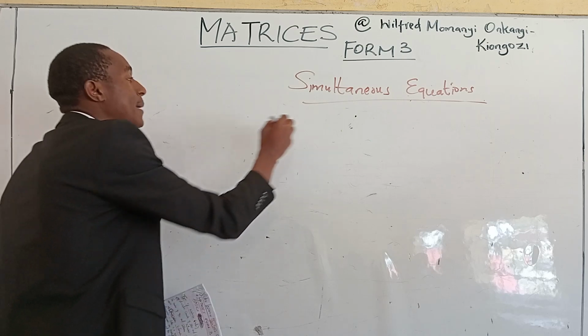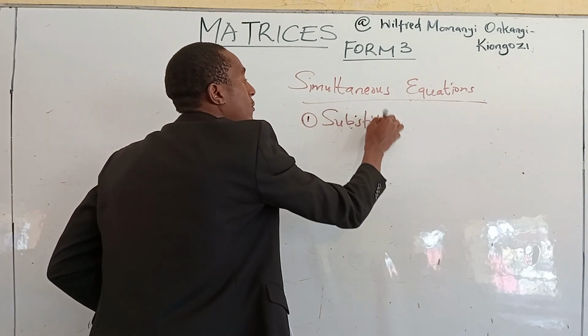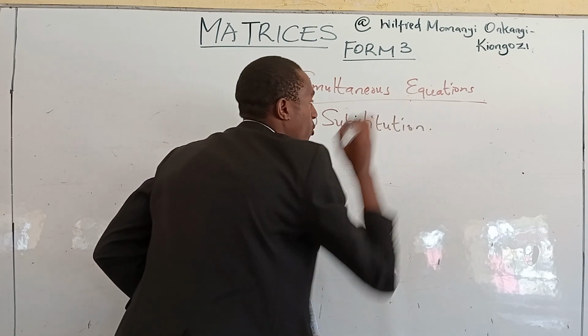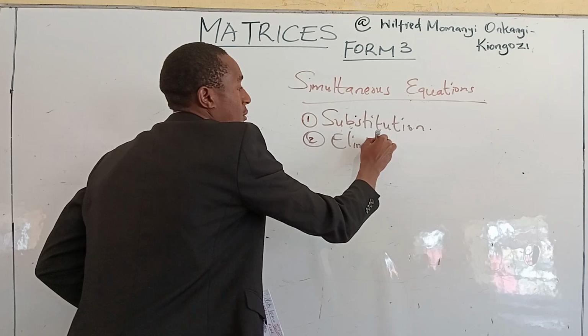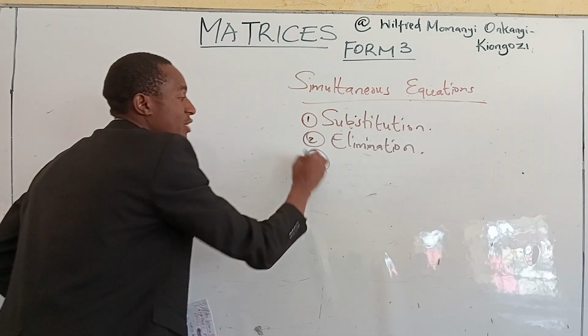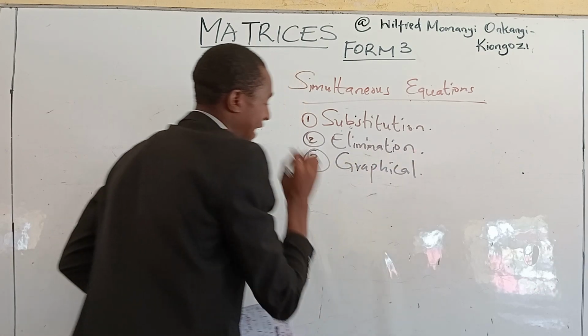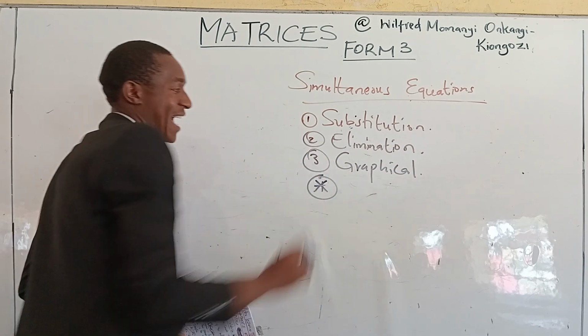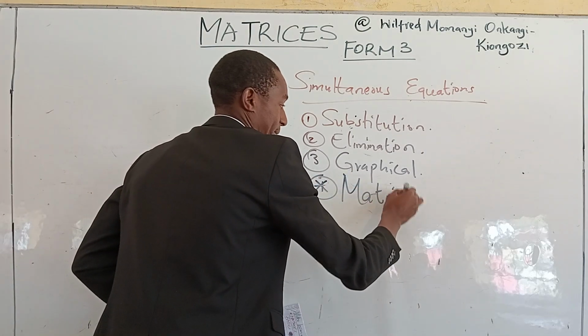The first one was substitution. You also did elimination. You also did the third one, which is graphical. And now, this one is a star. We're calling it the matrix method.